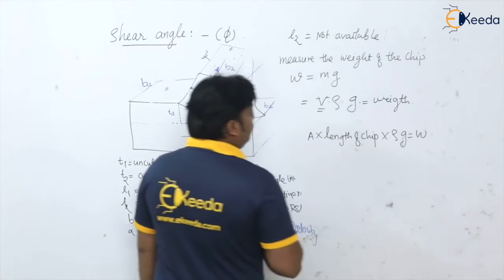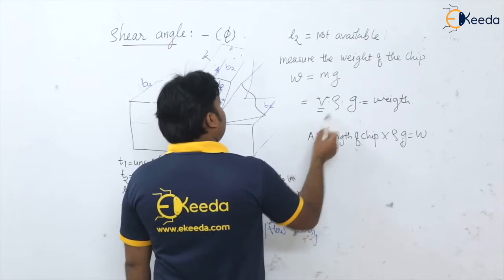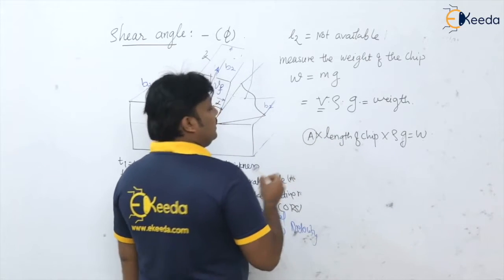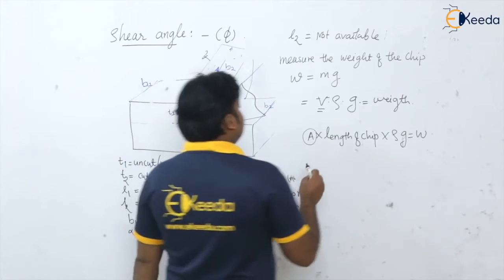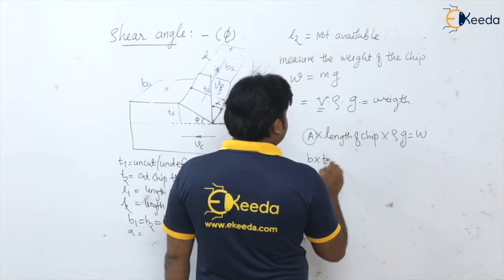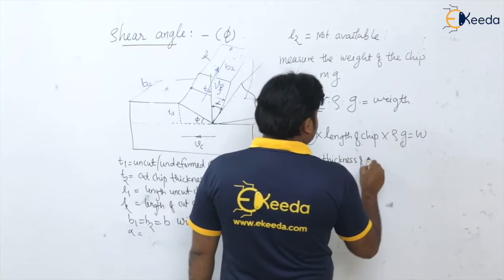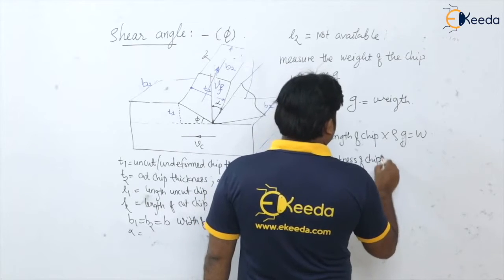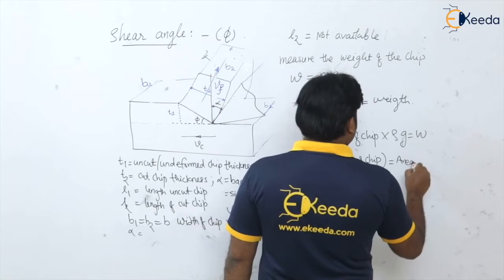W is the weight of the chip. So what is the area of the chip? The area of the produced or cut chip is width B into thickness of the chip, isn't it?